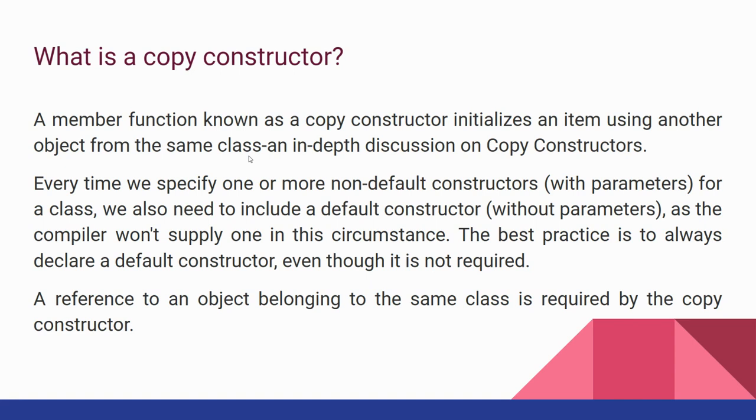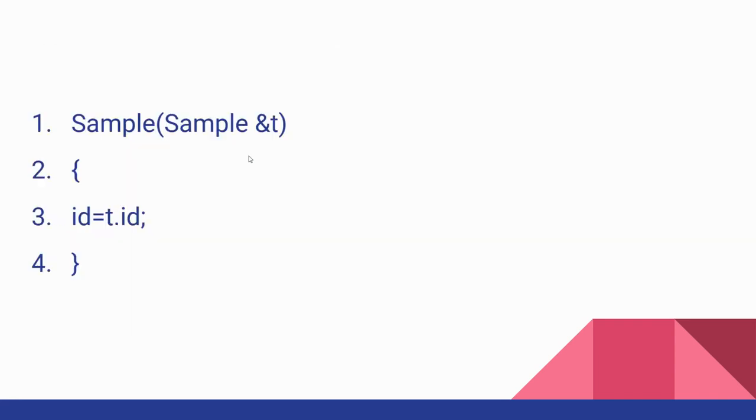The best practice is to always declare a default constructor even though it is not required. A reference to an object belonging to the same class is required by the copy constructor. See the example: Sample(Sample &t), id = t.id. This is the example for the copy constructor.